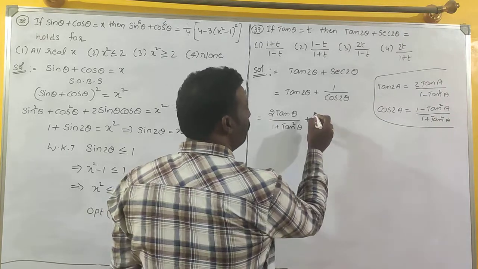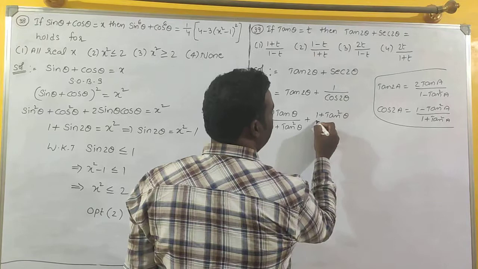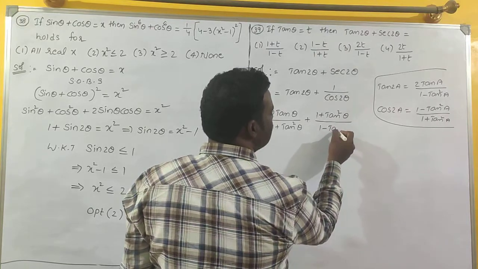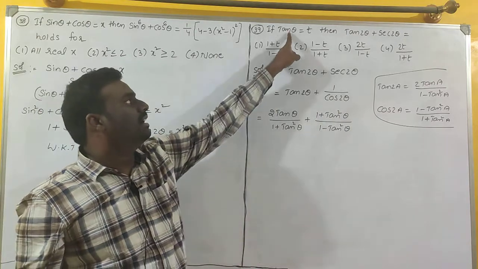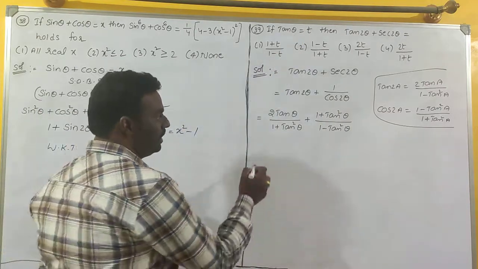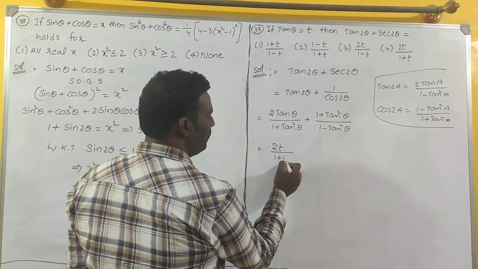Now 1 plus tan square a by 1 minus tan square a. But in place of tan theta, I can take t. Now we can take 2t by 1 plus t square.